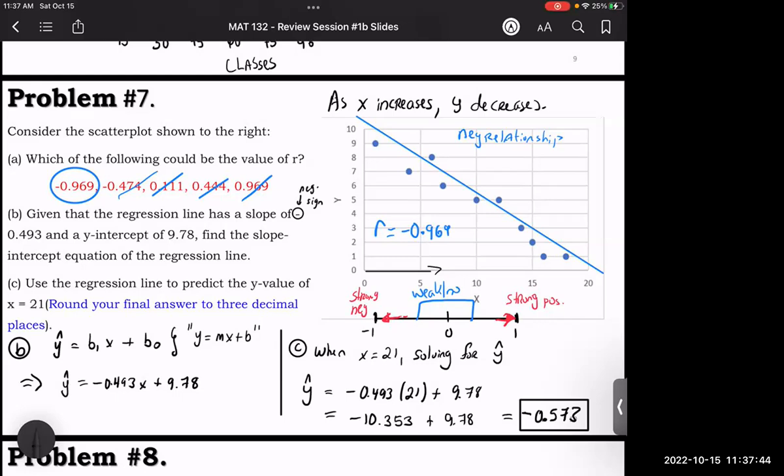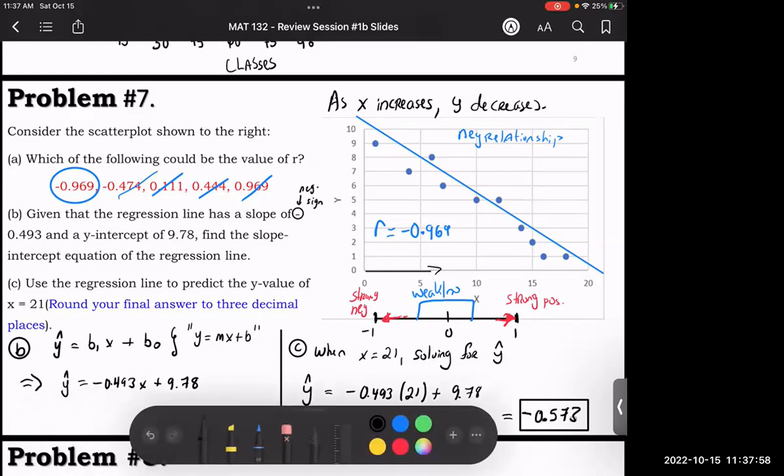Excuse me, I want to ask about the B question. Mx, M, what does that mean by X? No, M stands for slope, right? So the B1, oh, slope. Okay, thank you. B1 is your slope, and the B nought, that's your y-intercept.